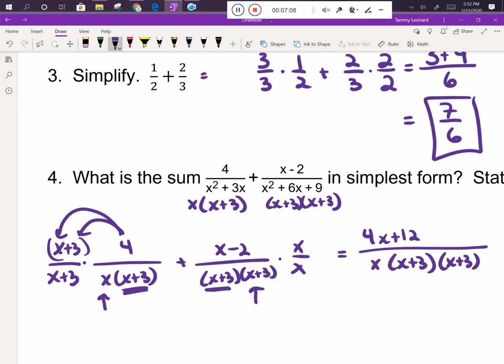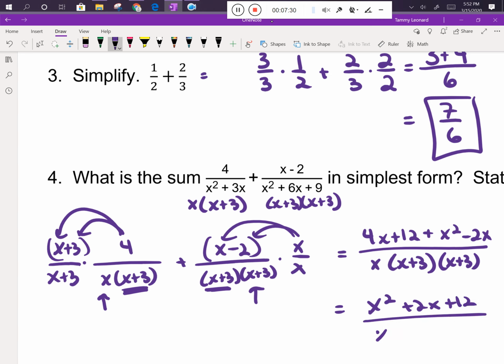My second piece of my numerator will have an x that's been distributed to an x minus 2. So I'm adding an x squared and a negative 2x. So I want to see if I can simplify that numerator at all. So putting that in standard form, I've got x squared plus 2x plus 12 all over my least common denominator, or my LCM, here.